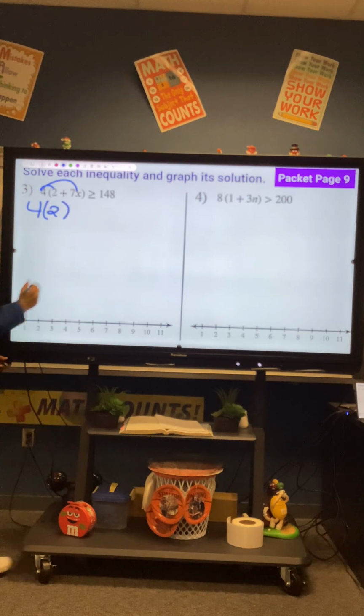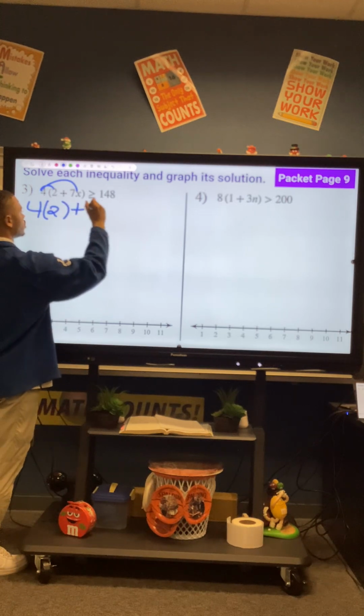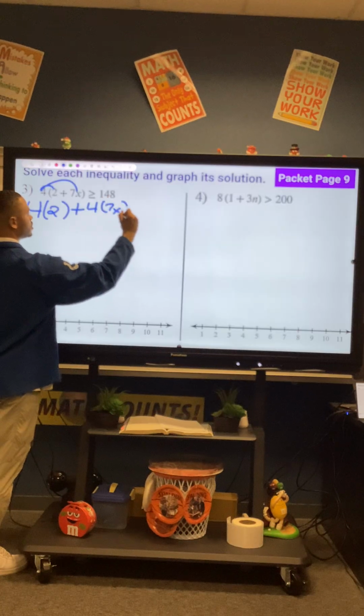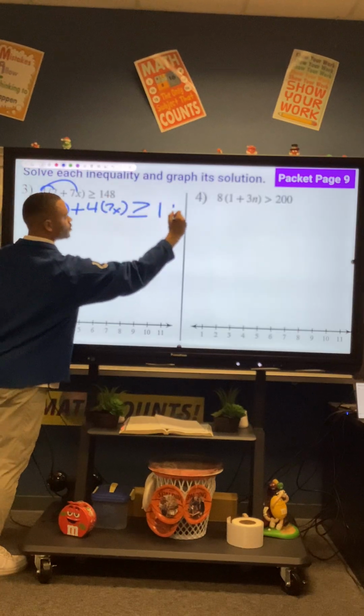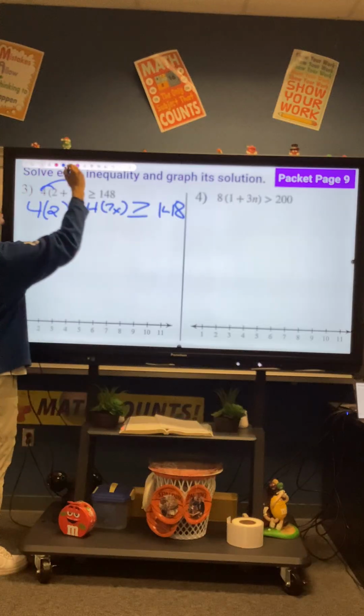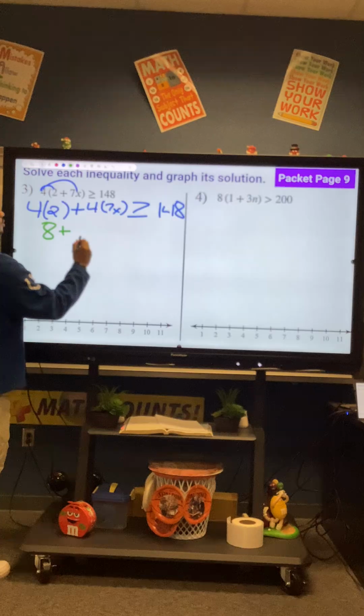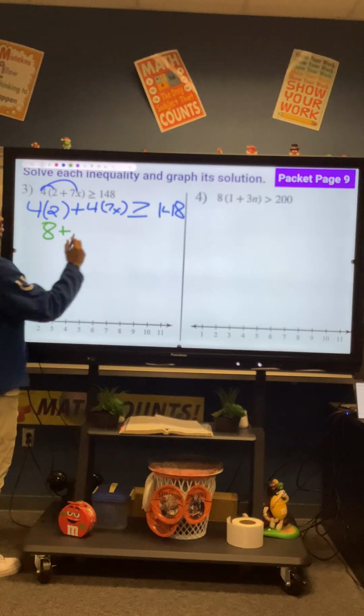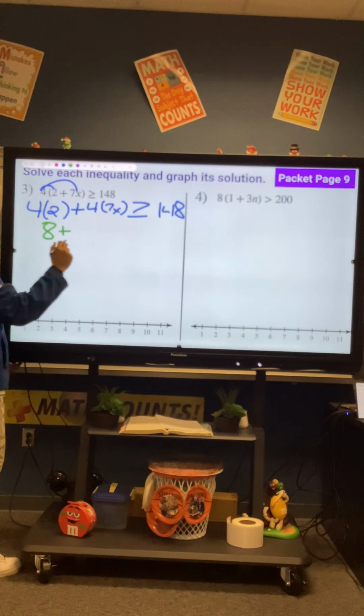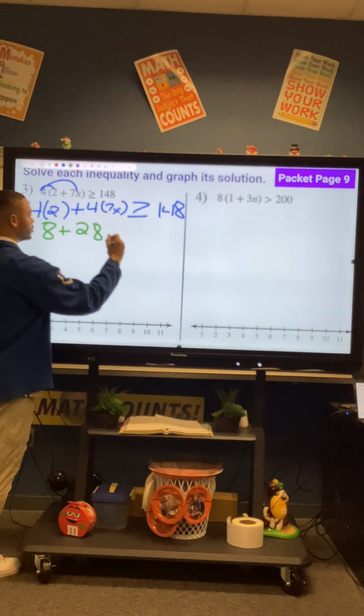Taking my 4, multiplying it by 2, plus 4 times my 7x is greater than or equal to 148. So Cam, work through my distribution for me. What's 4 times 2? And then 4 times 7x. 20, yeah.